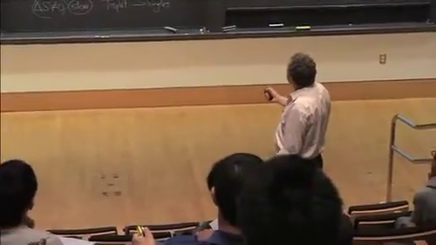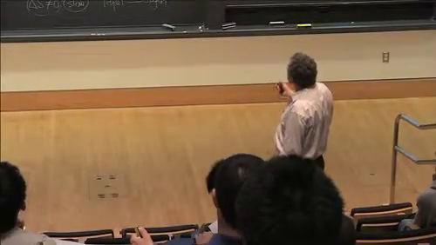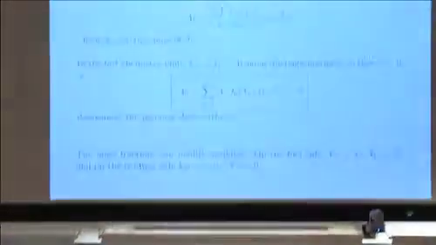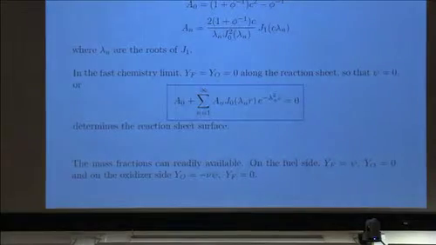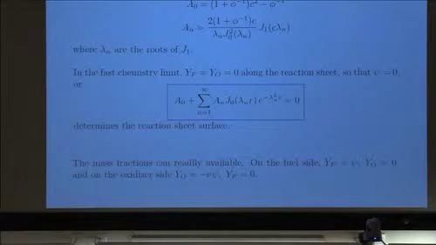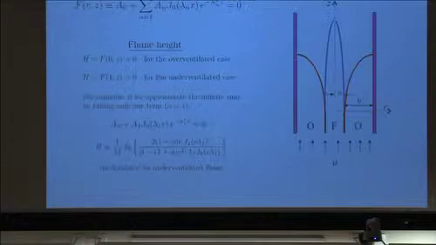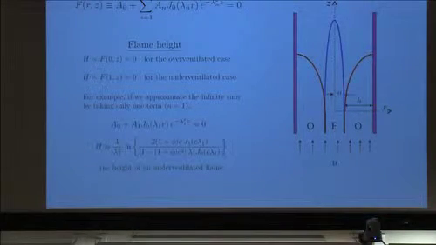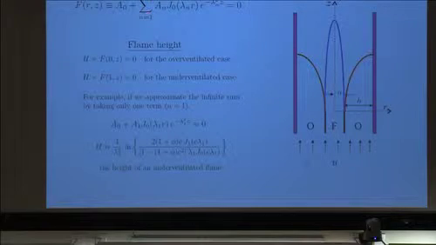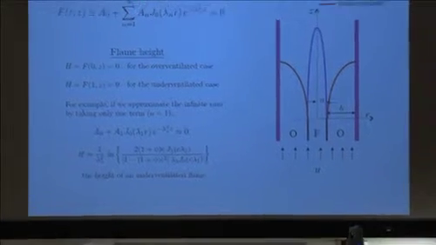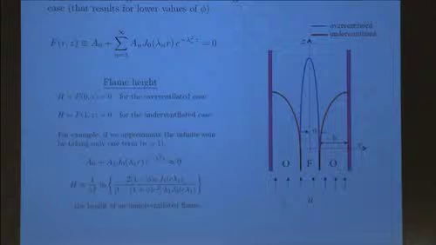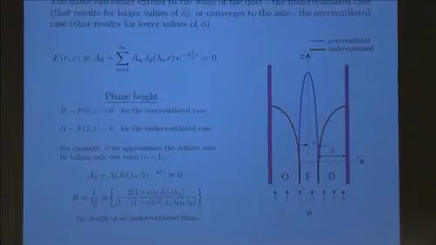And so, by solving this transcendental equation, what you obtain is the shape of the flame sheet. Of course, it is complicated because of the infinite sum, so let's just take a simple situation in which you truncate the series, just for simplicity, after one term.